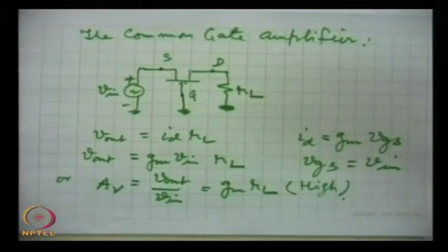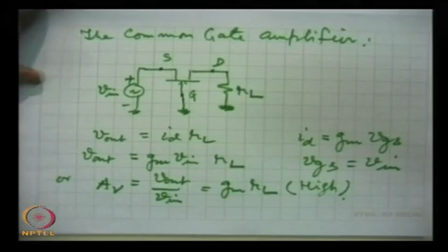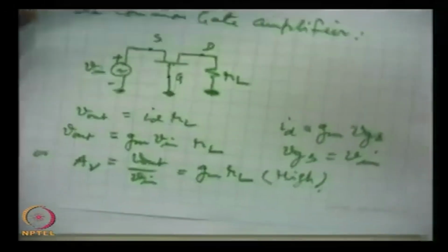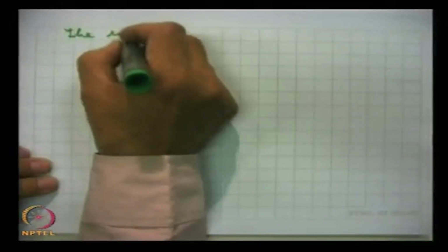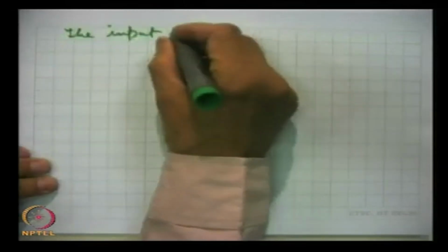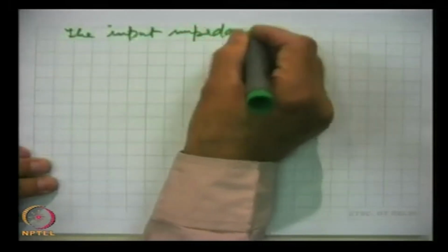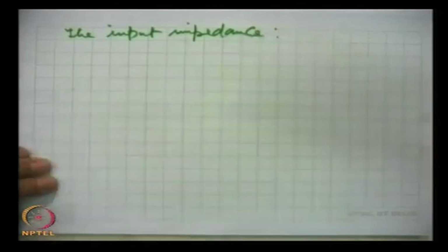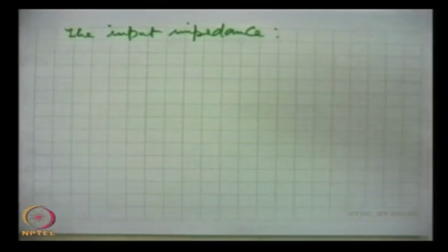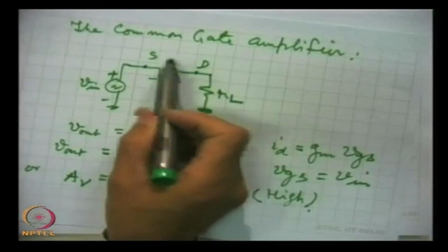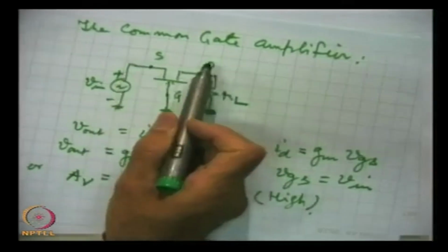And now we come to the input impedance. In this circuit, it is not difficult to realize that input current is the same as the current between drain and source, that is ID.